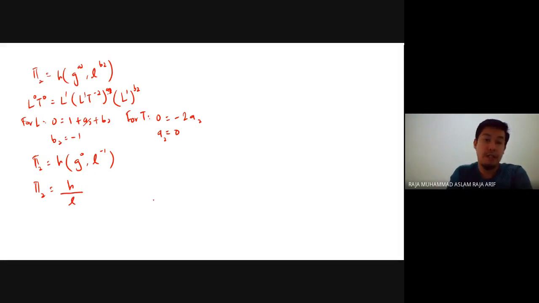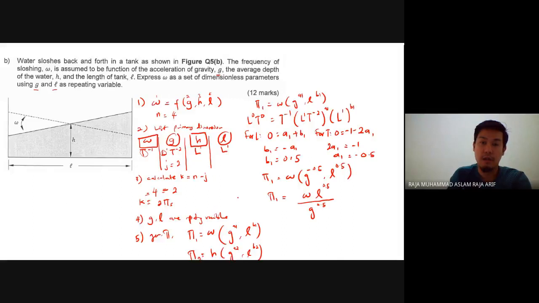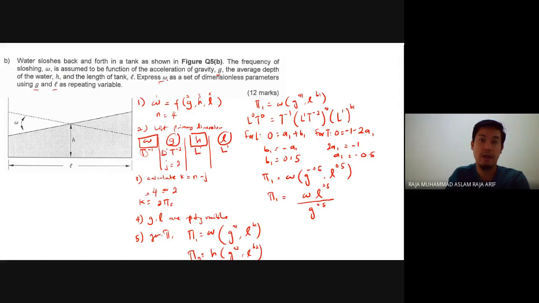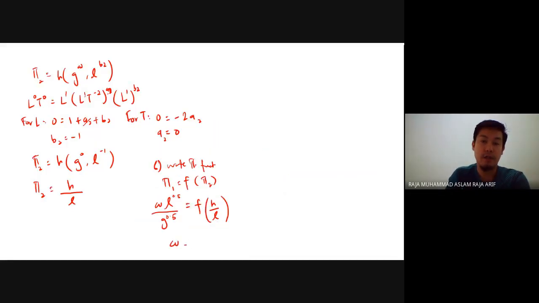Okay, and the sixth step is to write the pi function. Pi 1 equals a function of pi 2. So pi 1, omega L to the power of half divided by g to the power of half, equals a function of h over L. They ask you to express omega, so we bring this term to the other side.